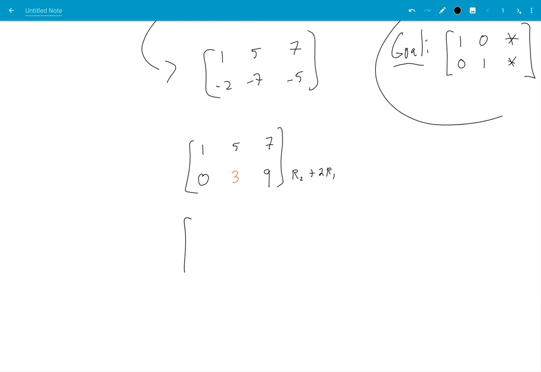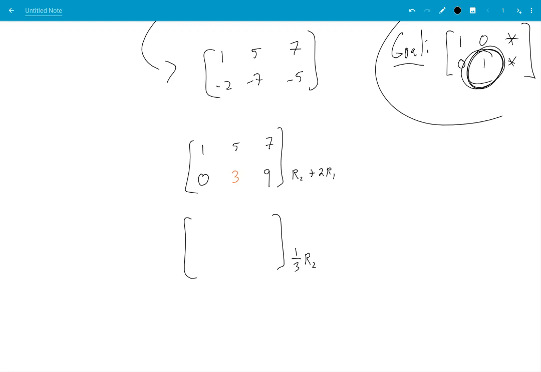Now what? Maybe not so clear with you now. Well, I want this one here, right? So why don't I go ahead and divide my second row by 3. So actually I'm going to do 1/3 times row 2.